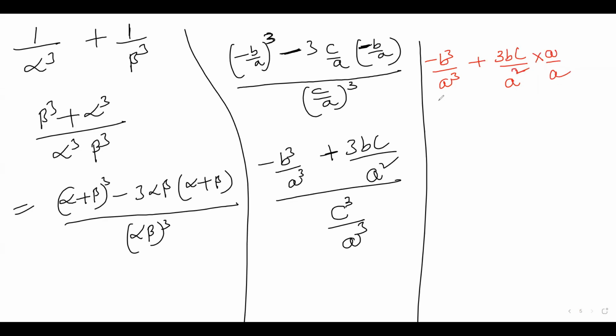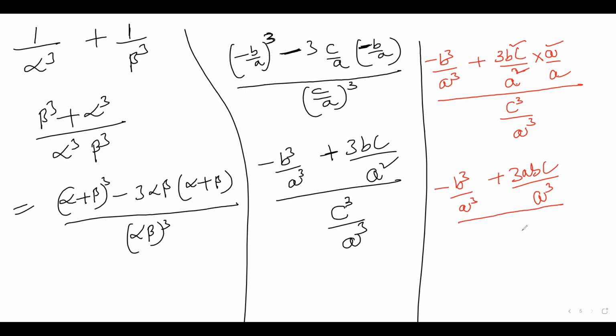A. So you will be getting minus b cube by a cube plus 3abc, bc into a is 3abc, by a square into a is a cube.